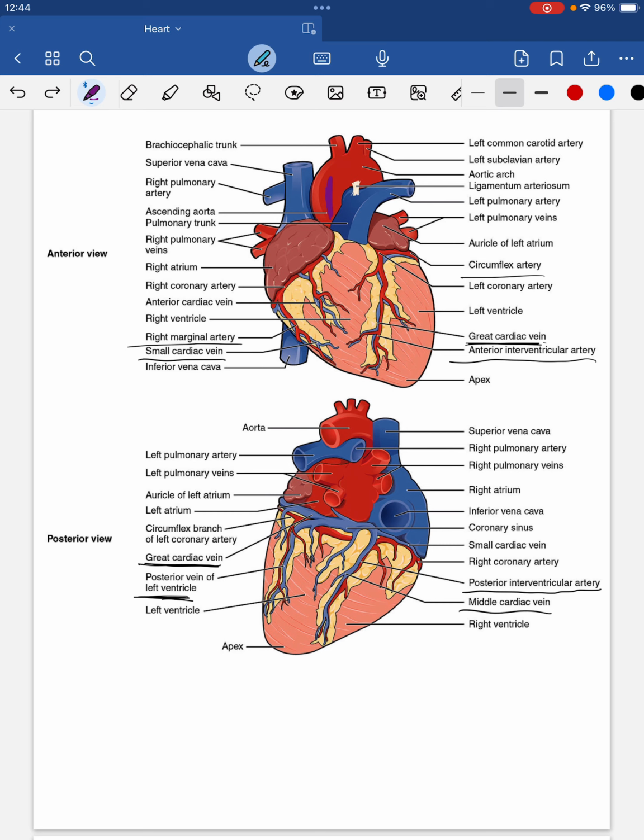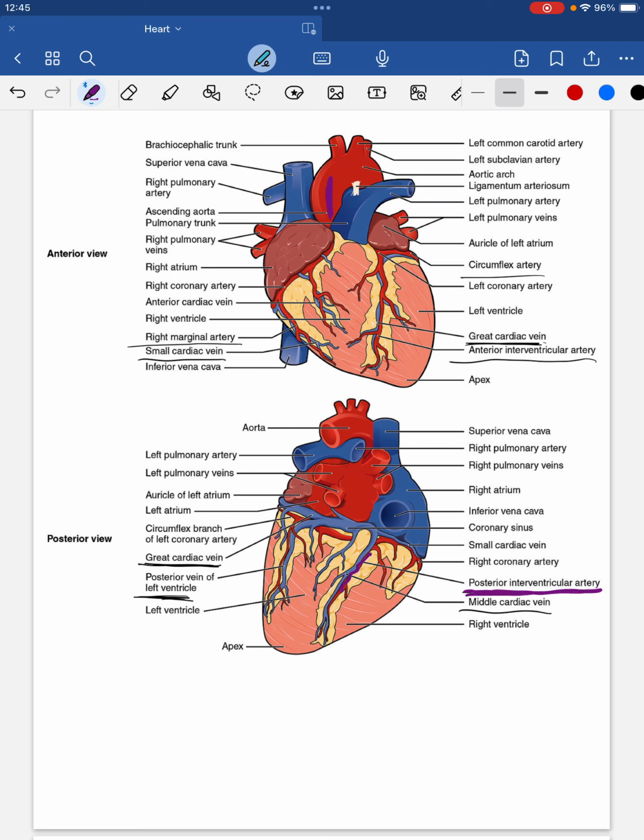Okay, so back to the right coronary artery. From the right coronary artery, if we go back to the posterior view of the heart, we also go from the right coronary artery to the posterior interventricular artery right here. I'll underline it in purple down here.